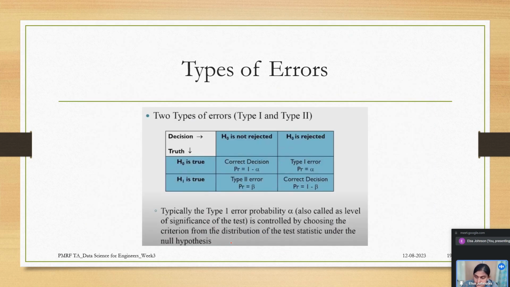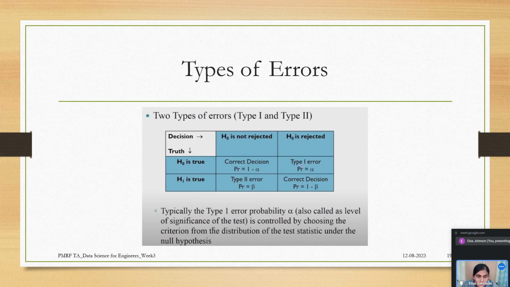Then you might have seen the errors also. The truth can be that H naught is true or the alternate hypothesis is true, and based on our calculations we take decisions: H naught, the null hypothesis, is not rejected, or is rejected. If H naught is true and is not rejected, we come to the correct decision, and its probability is 1 minus alpha.